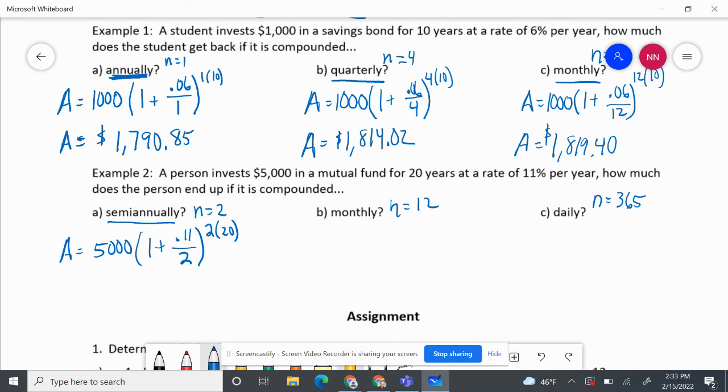So we're going to take the 0.11, divide it by 2, add the 1, and raise it to the 40th. And then we're going to times it by 5,000. And that gives us $42,566.54.